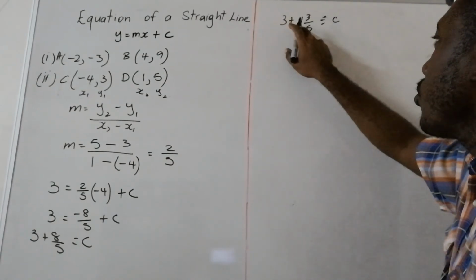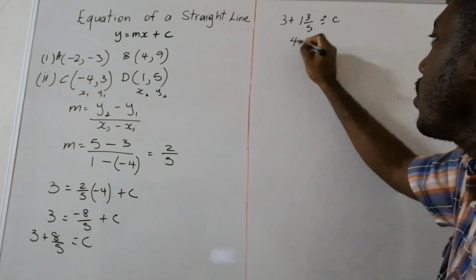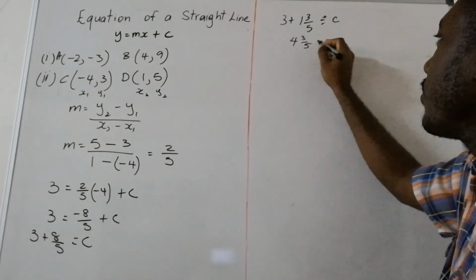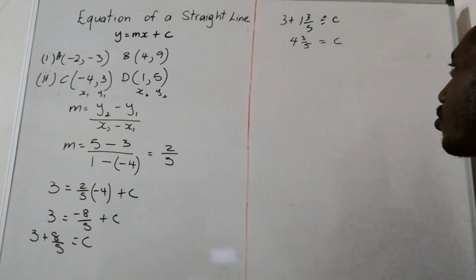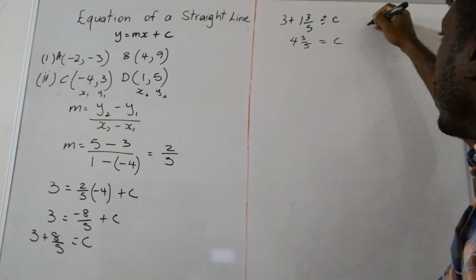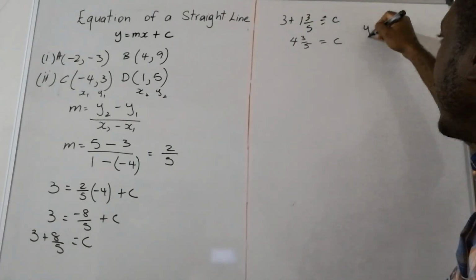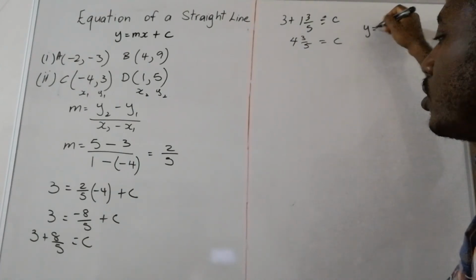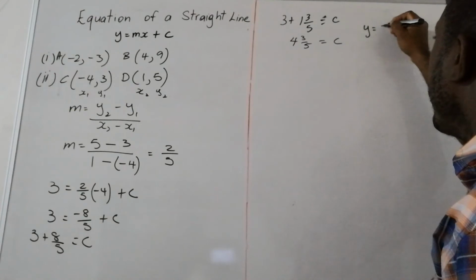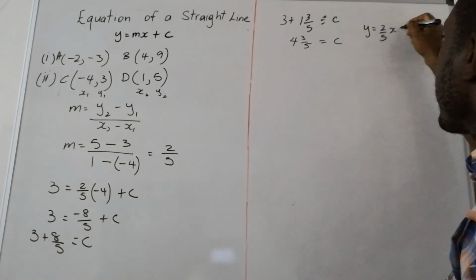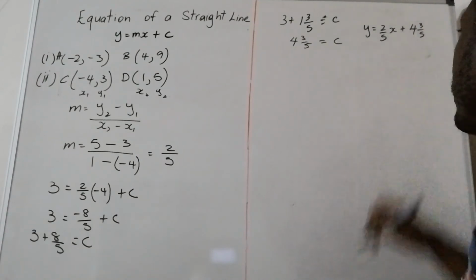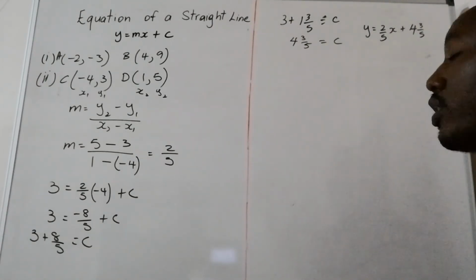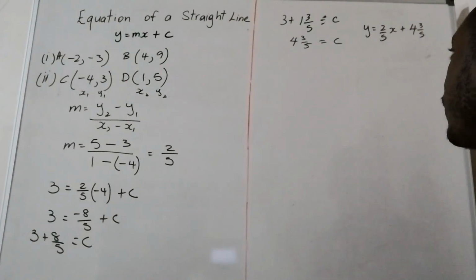And 1 plus 3 will give us 4 and 3 over 5. So our c value is 4 and 3/5. So therefore, our equation will be y is equal to our gradient 2/5, 2 over 5x plus 4 and 3/5. Or if you have 23 over 5, that will be correct also.